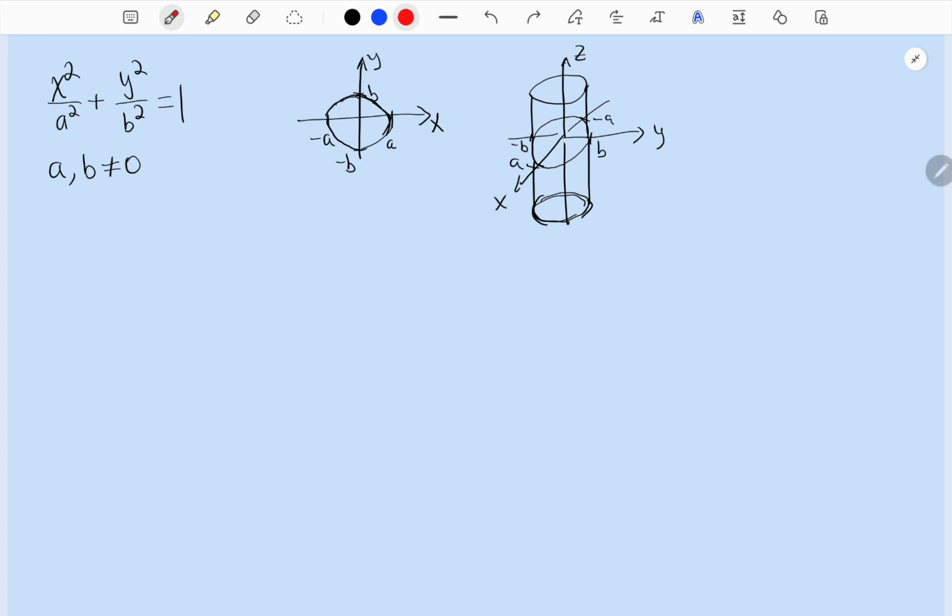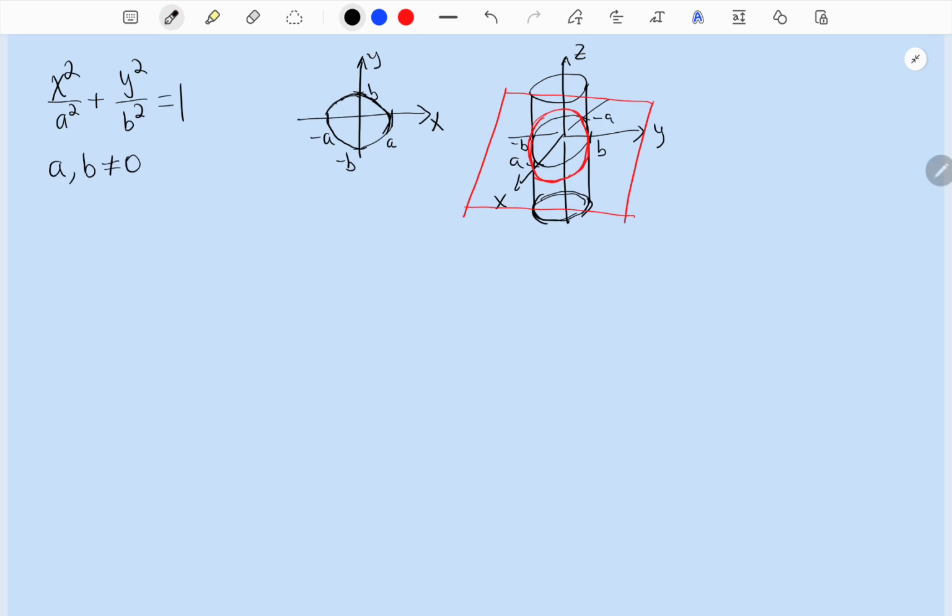So if I intersect a plane with this elliptic cylinder, somehow this intersection is going to be a circle. Probably going to be tilted. Of course, the circle is not parallel to the xy plane, but nonetheless, the intersection is going to be a circle. So this is a bit of a head scratcher.